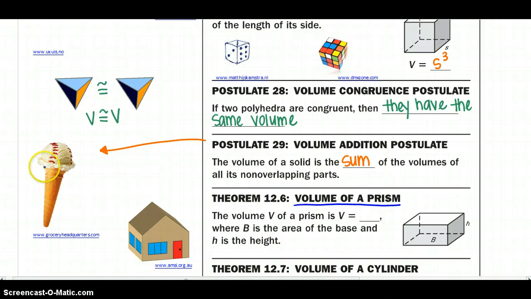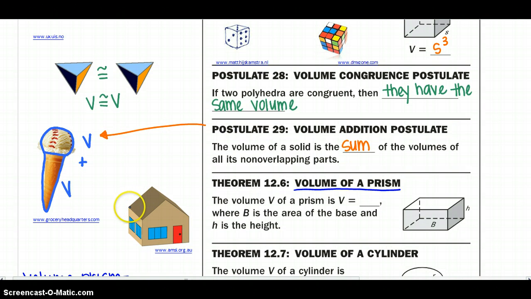I would need to find the volume of my cone on the bottom plus the volume of my sphere on the top. Both of those will need to be added together.